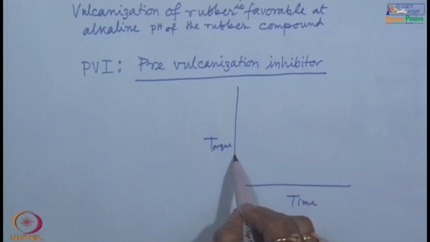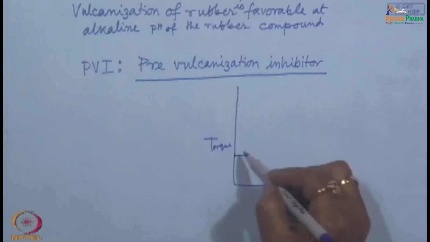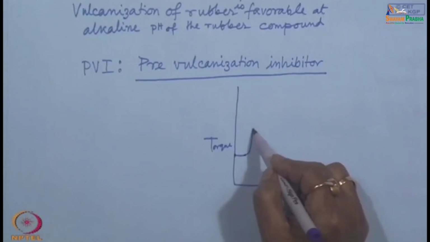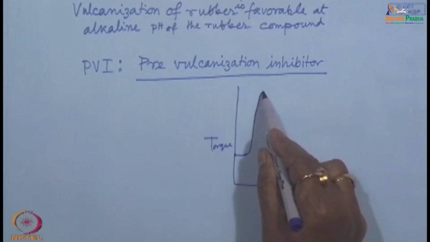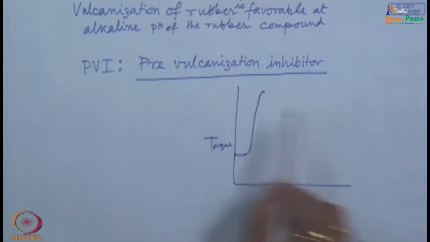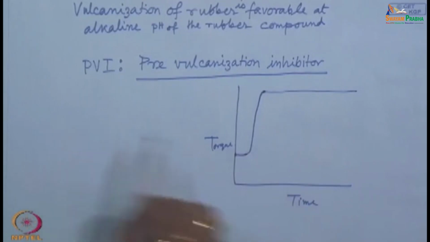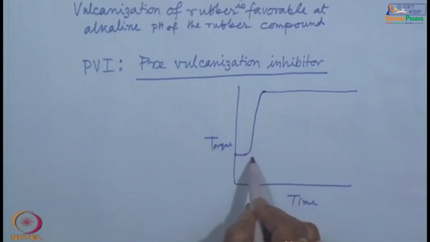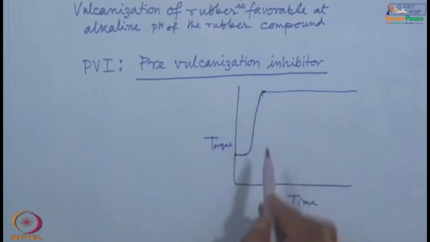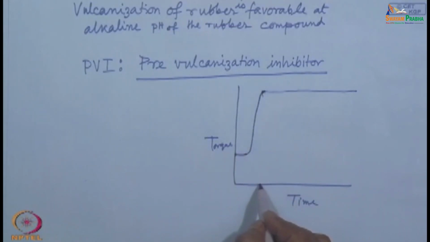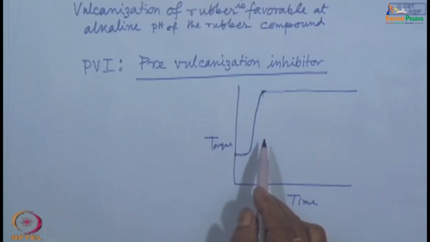This time is very small and this gives a steep rise of the curing rate. This small time is required for high productivity, that means vulcanization is complete over here. Say vulcanization should be completed within 5 minutes. In that case, one should use a very fast accelerator.